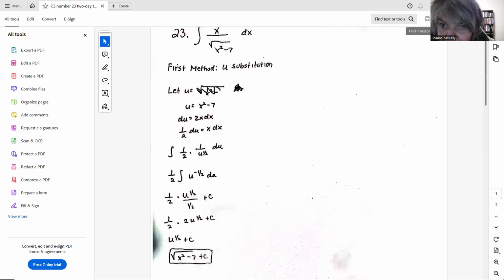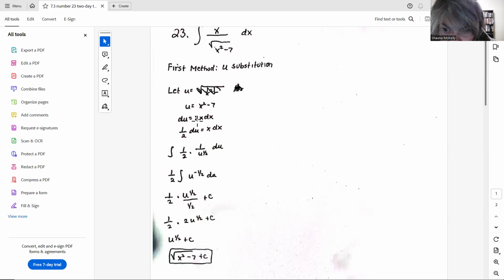It says x over the square root of the quantity x squared minus 7 dx. So the u-substitution is pretty straightforward. I make a u-substitution for the expression under the radical in the denominator, which is x squared minus 7.